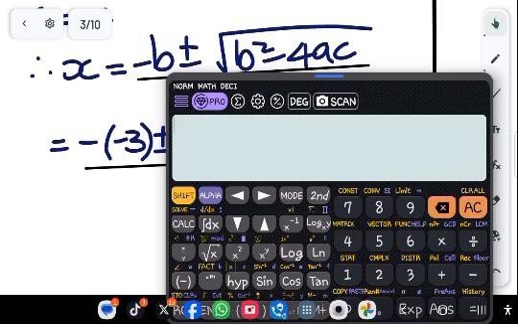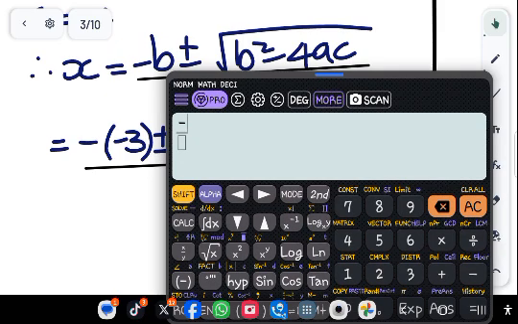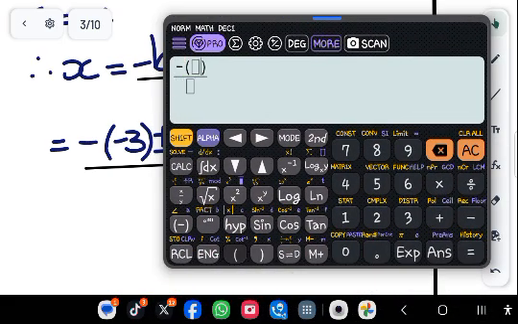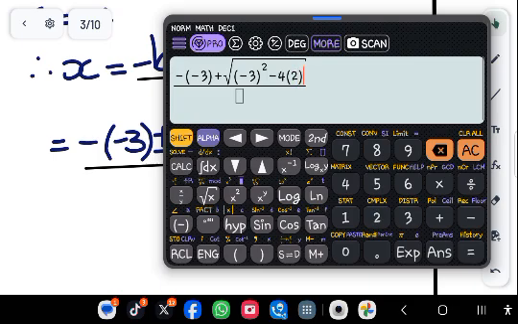So step number 1, you go common fraction button, and then you go minus negative 3 plus square root of, open bracket, negative 3 all squared minus 4 open bracket, a is 2, then c is negative 4, downward arrow, 2 open bracket 2, because that's what it is.